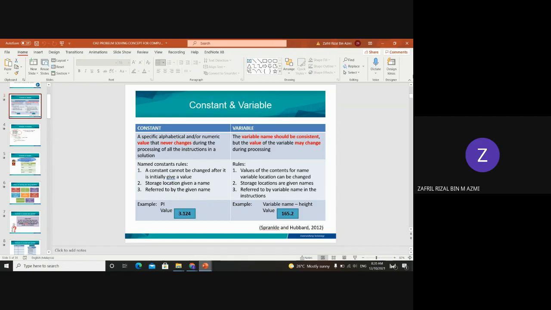For example, at the beginning of the program, my salary starts at 1,000. And then the program calculates tax, the monthly payment for car, house and everything.